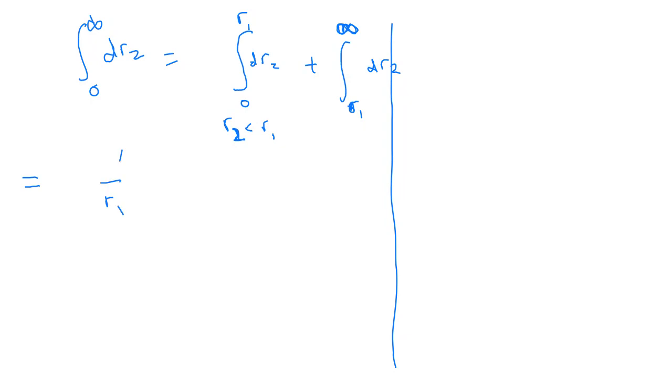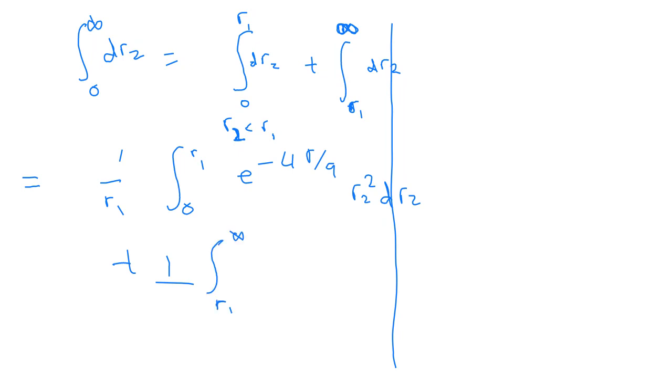So then you use the condition that I gave, plug everything into there, so you end up with 1 over r1 integral 0 to r1 of e to the minus 4 r2 over a, r2 squared dr2, plus, okay, I think they will cancel for the other, so you get r1 to infinity of e to the minus 4 r2 over a, r2 dr2.